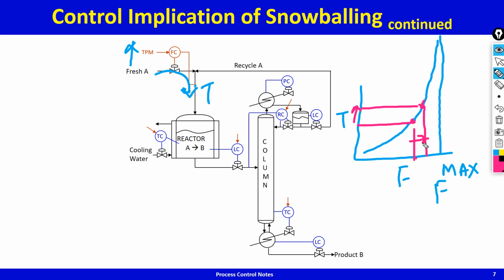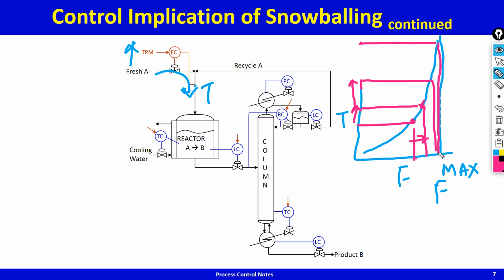If you want to still increase production rate, now you will have to make a larger change in T for the same amount of change in production, and then you'll end up there. If you still want to increase production, you make the same amount of change again, and now you will end up here, and the production rate is this.